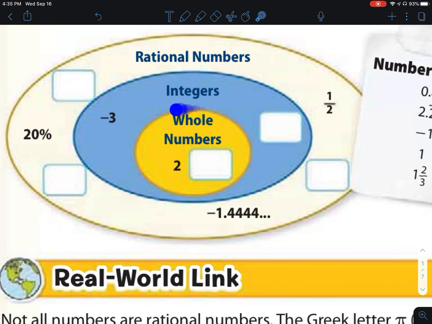So the set of whole numbers is included in the set of integers, and the set of integers is included in the set of rational numbers. Basically, what I'm saying is that if it's a whole number, it is also an integer. It is also a rational number. So whole numbers are integers and they're also rational numbers. Integers are also rational numbers, but not necessarily whole numbers.